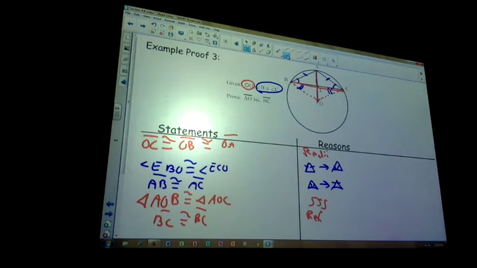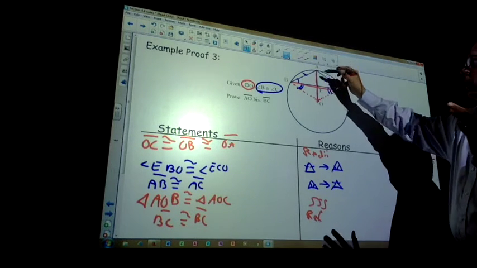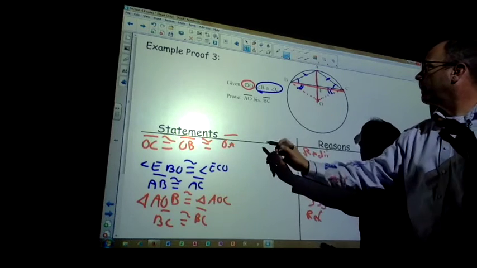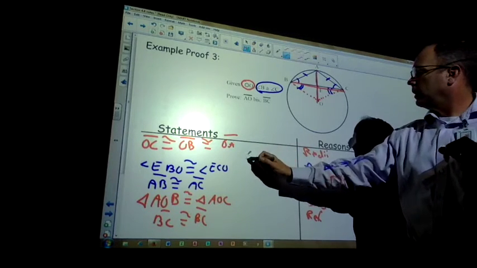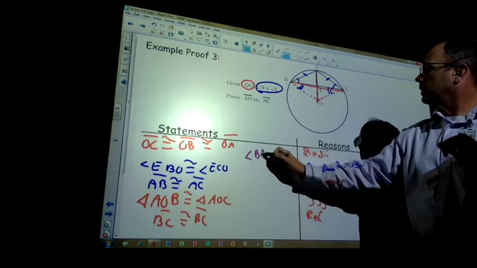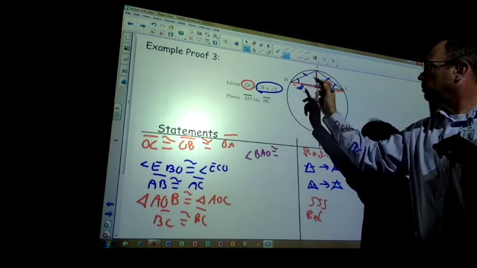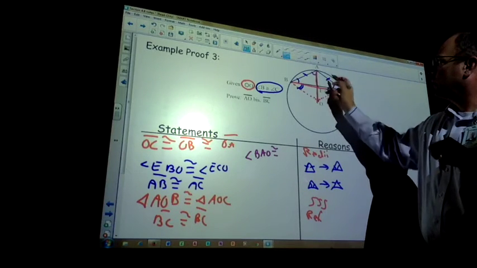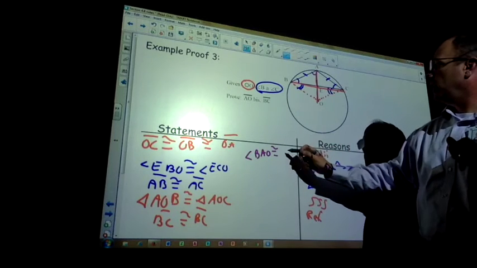Oh wait, you might be on something. Hang on. Wait, did I mark? Time out. I'm onto it. I think. AOB. So no AOB. BAO is now congruent to CAO.